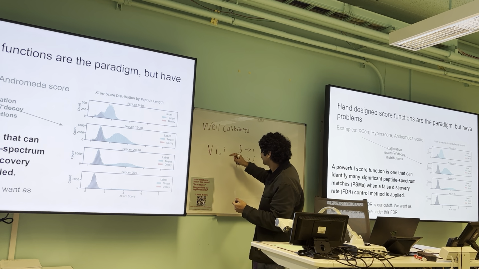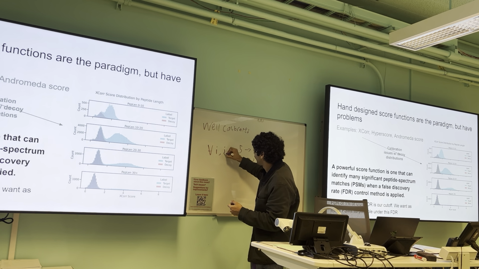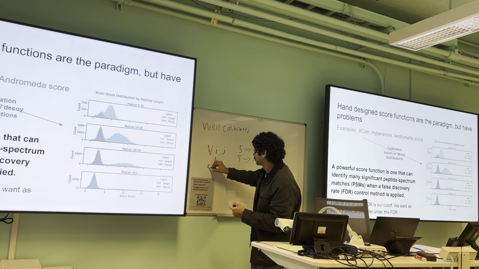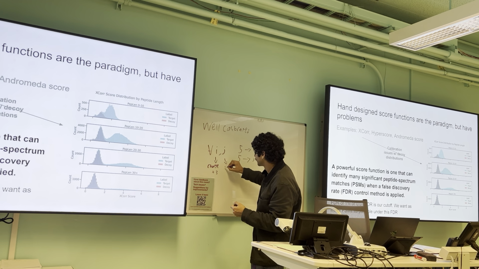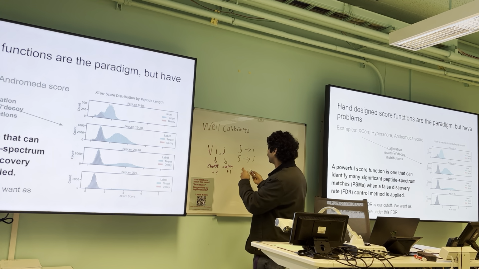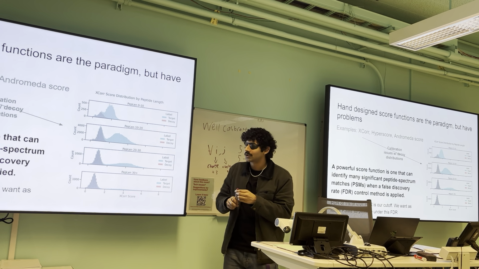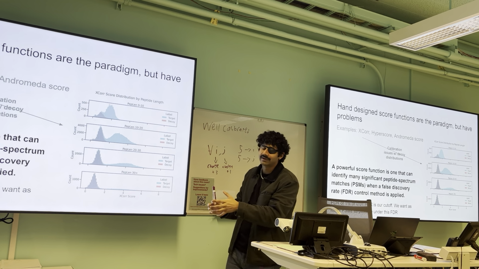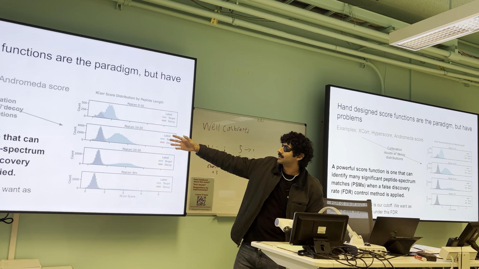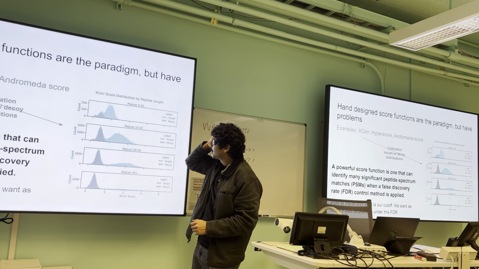Even if, let me rewrite that, if I has charge +3 and J has charge +1. This is what we want. We want that no matter what the charge is and what the peptide length is, a score of 5 means a score of 5. But that's not the case. You can kind of see that here.